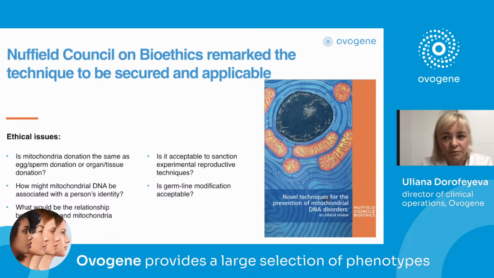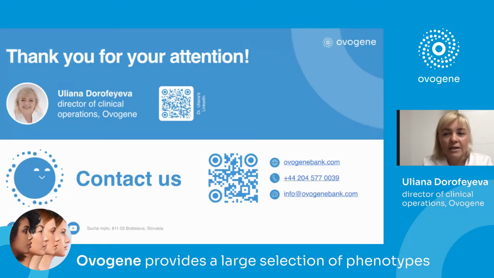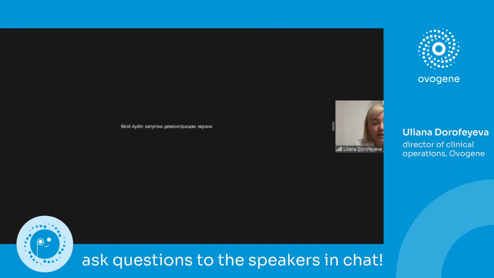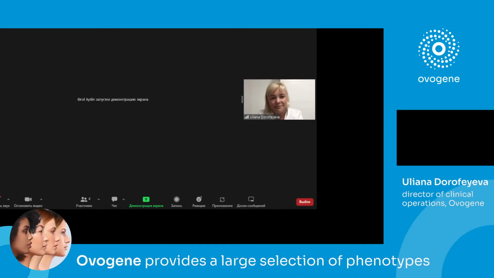This is crucial for the results and clinical outcomes. So now I'm going to present Birol Aydin, my dear colleague, who is a magician for the mitochondrial treatments, and he will tell more in detail about the techniques and our practical experience as well.